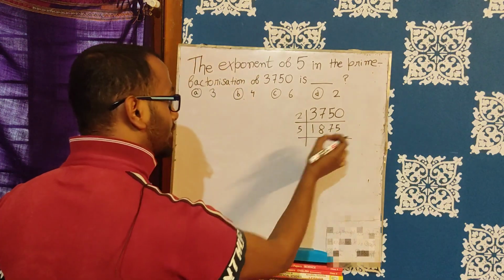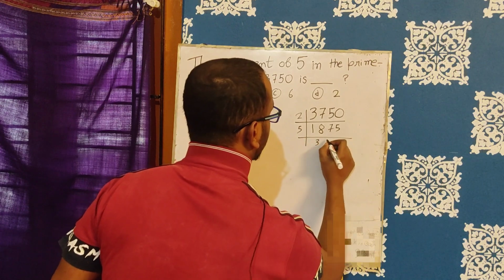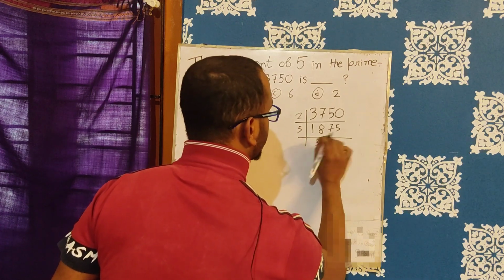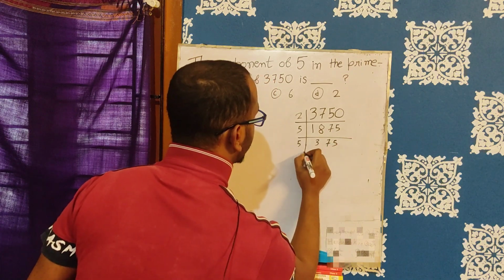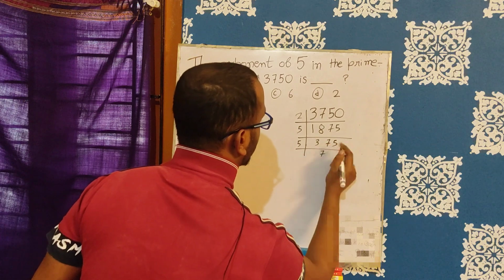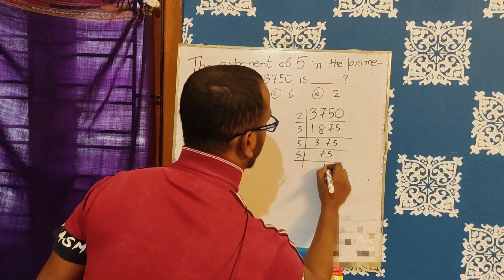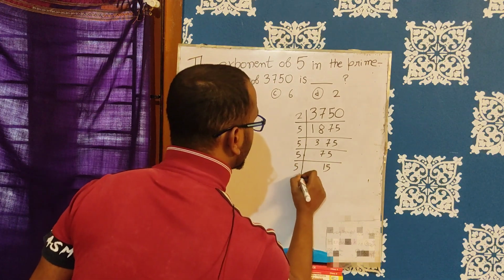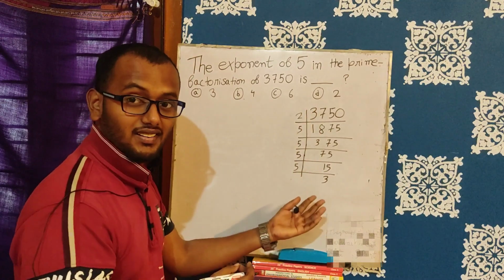This will not go with 3, so let's try with 5. 1875 divided by 5 is 375. Again this one with 5, we get 75. Again with 5, it will go 15 times. Again with 5, it will go 3 times. Okay, this is the factor tree.